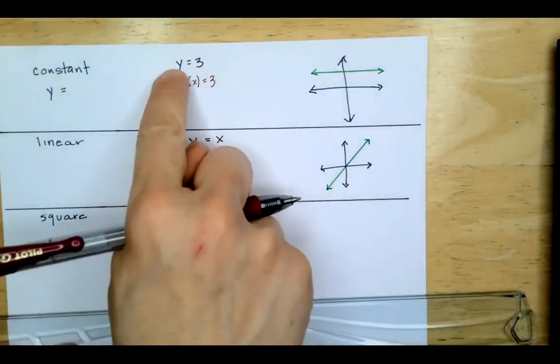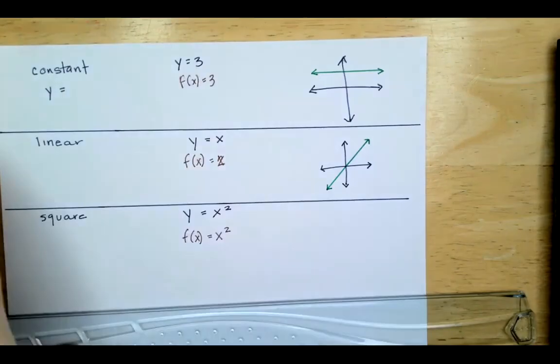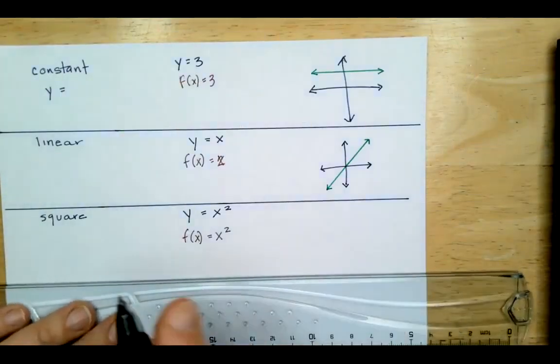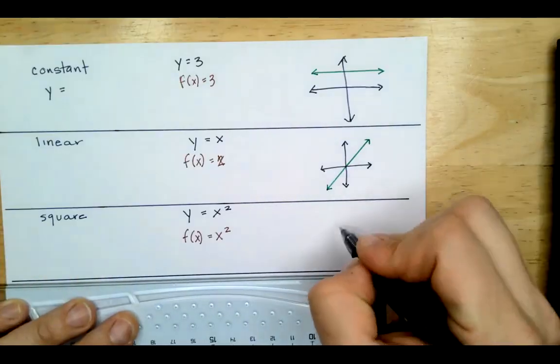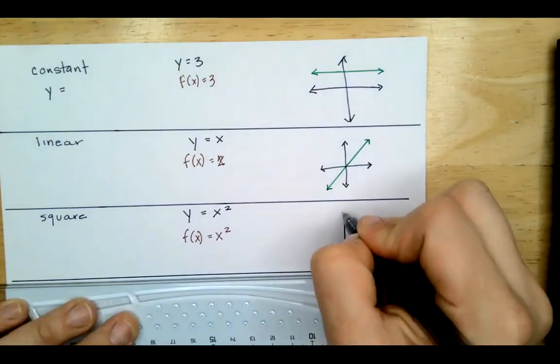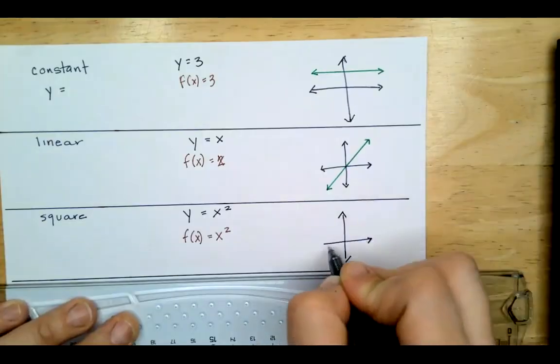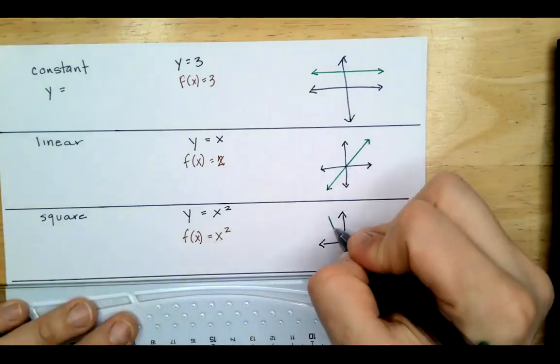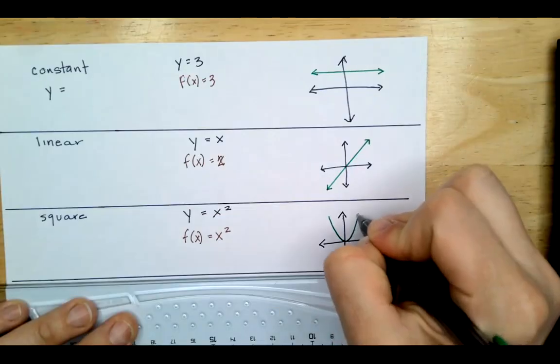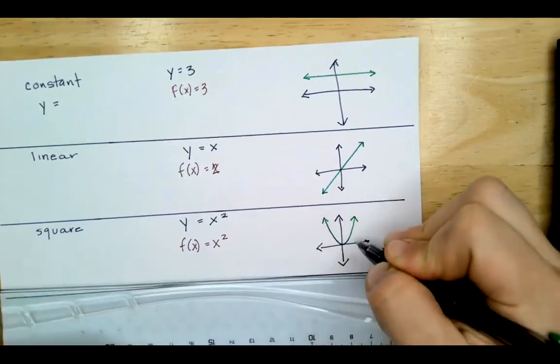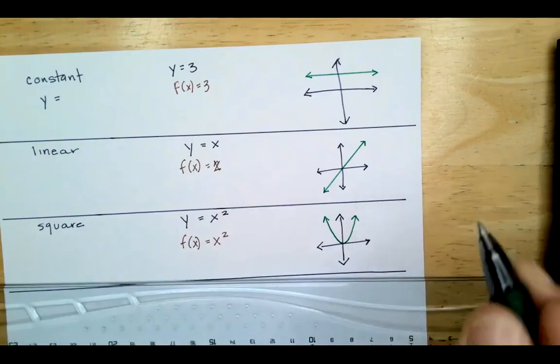Good? Y equals 3 is the same as f of x equals 3, just to be that reminder. Good? All right. X squared, it goes through the origin, and then it's rising at the same steep angle on both sides of the y-axis.